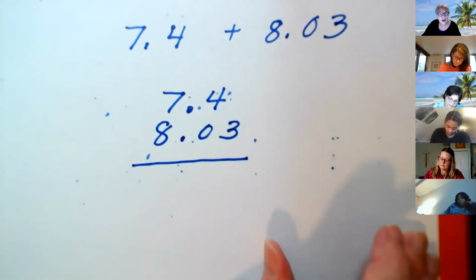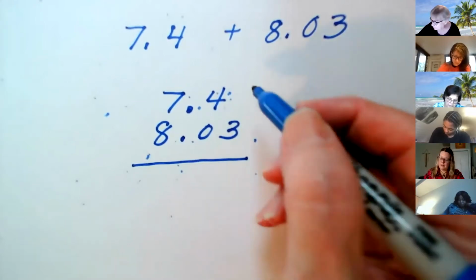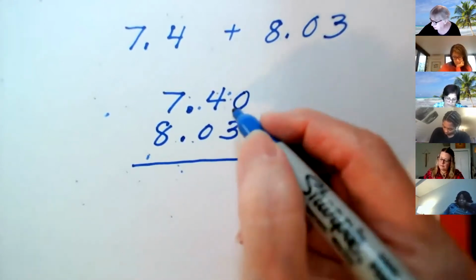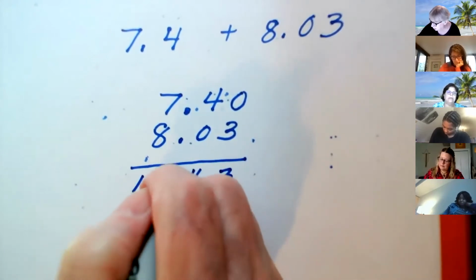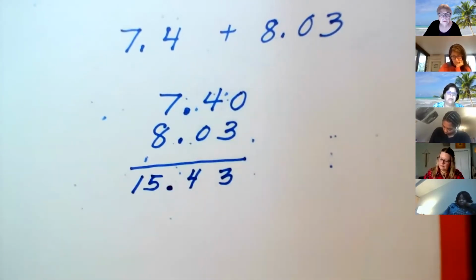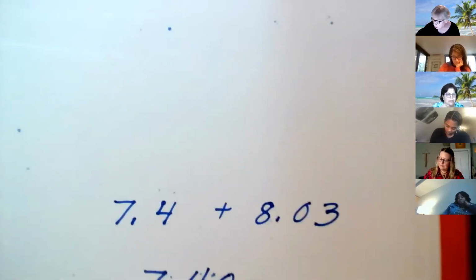Okay, so as long as things are lined up, it's good, and it won't matter if this is adding or subtracting. It's the same story. Is that okay? So let's just do something quick with subtraction.